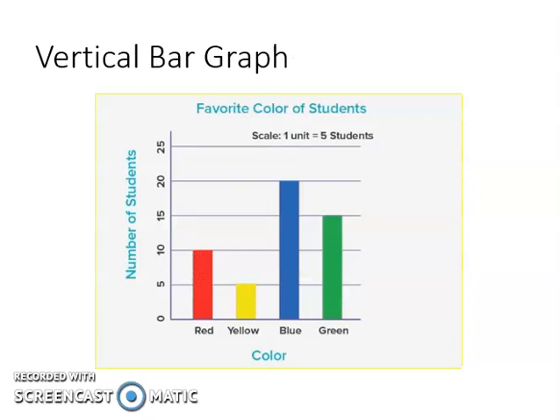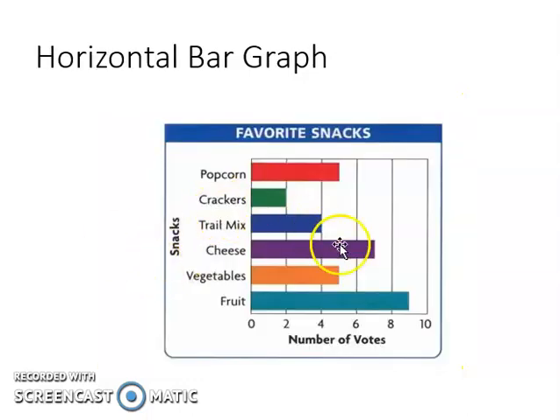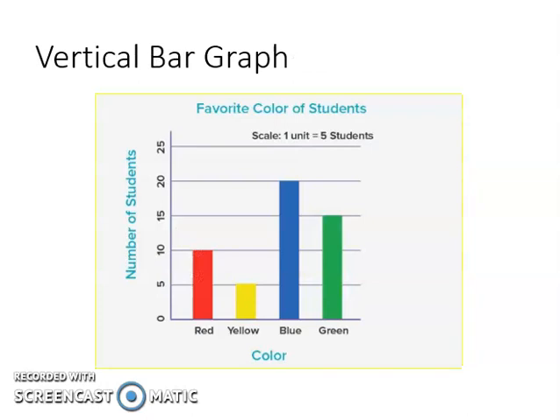Let's go to the vertical bar graph. It's almost the same, but the line is the only difference. If horizontal is a lying line, vertical is a standing line. This graph will show you the favorite color of the students. Again, you have the scale, the title of the graph, and the choices.